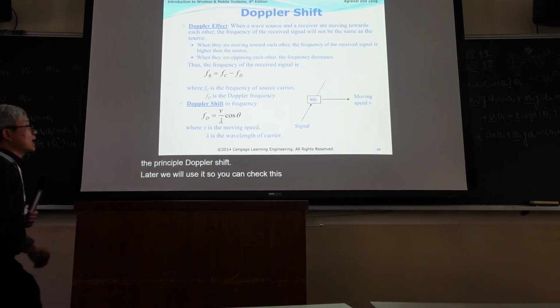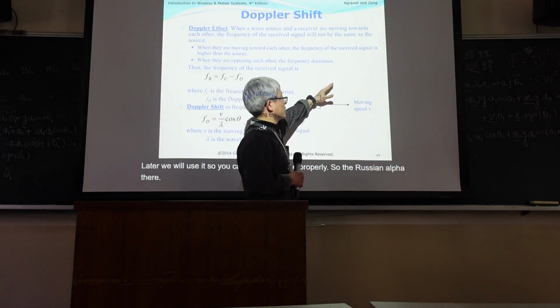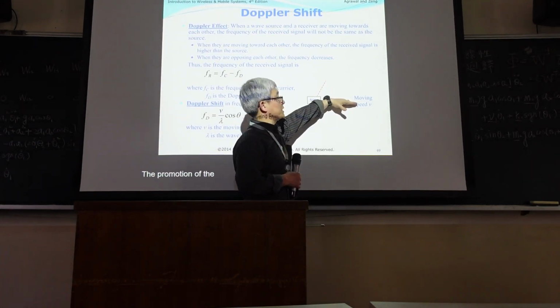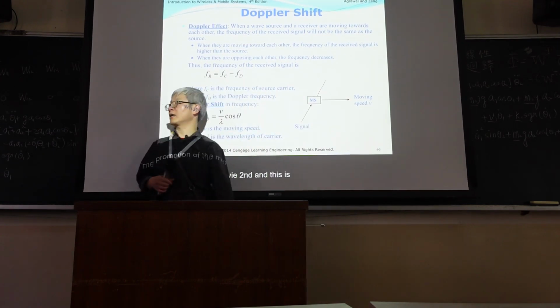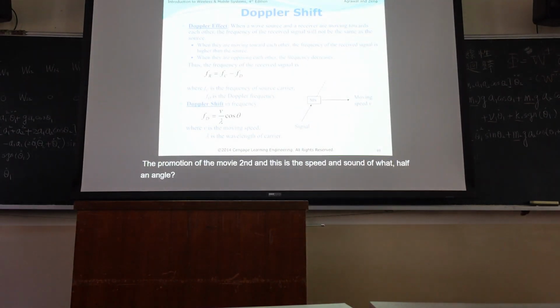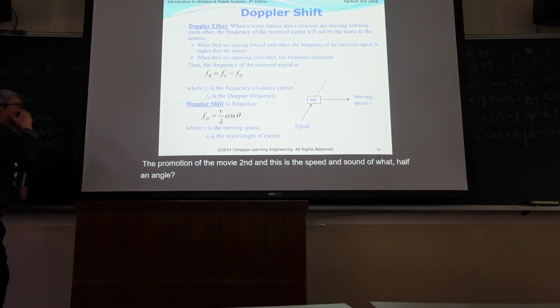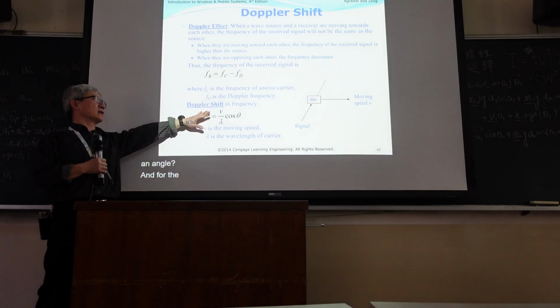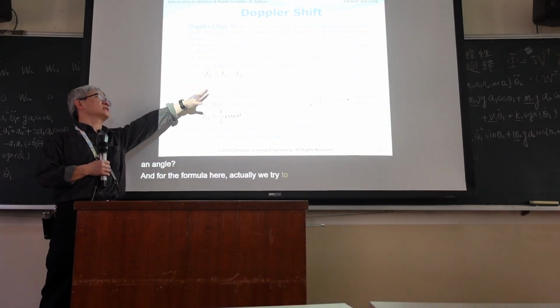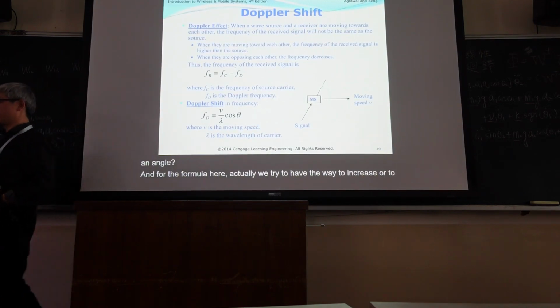So there is the direction of a moving signal, and this is the speed, and so we will have an angle. And for the formula here, we try to have a way to increase or decrease the frequency. We will follow the formula to do the calculation.